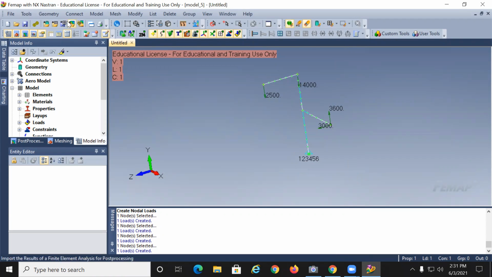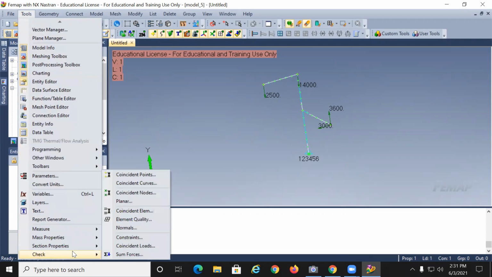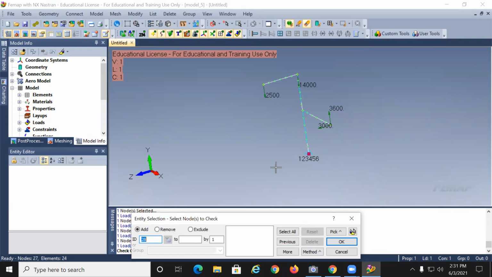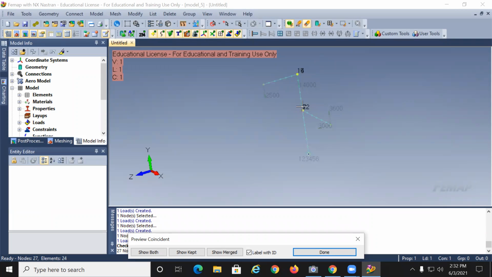Now you need to do one thing to check. Tools, check, coincident nodes. Select all, and I think here you should have one here and one at the top. Okay. Preview. You see one here, one here. Basically, it is where there's a connection between the different elements.